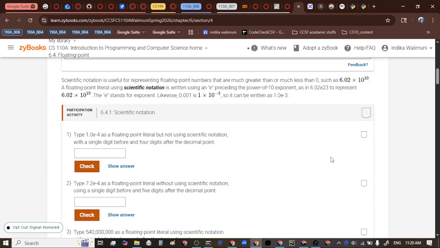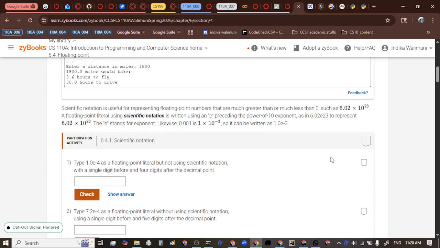All right, and then there's a scientific notation, right? This is how you actually write it. And what is this number anyway? Does anyone know what this number is? Yeah, this is a unique number actually.